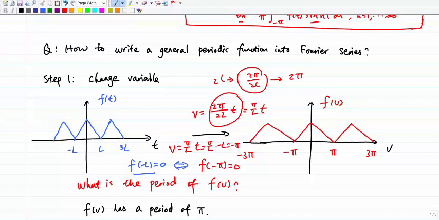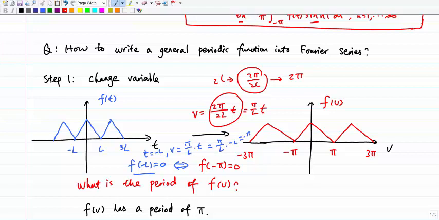If you do it this way, you can check f of negative pi will be 0, because v is pi over L times t. When t is negative L, I replace t by negative L, giving pi over L times negative L, which is negative pi, which means f at negative pi is 0.